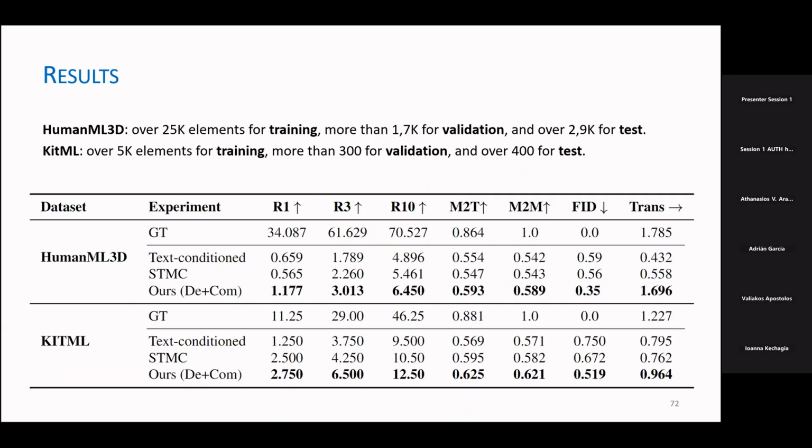And here you can see some results for our method, which is the last line, compared with this STMC, and with a version of our method that is conditioned just using the text without the composition. And so apparently our solution is capable to substantially improve the current result.